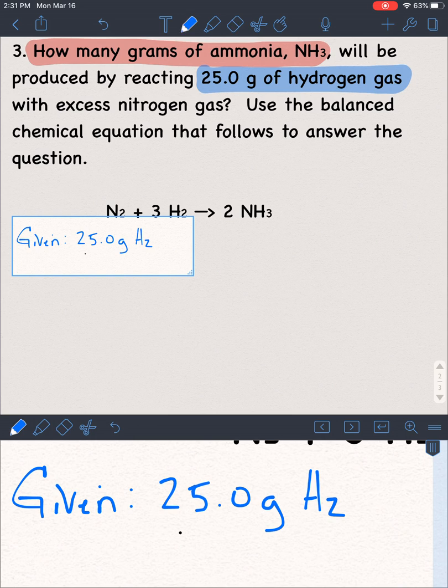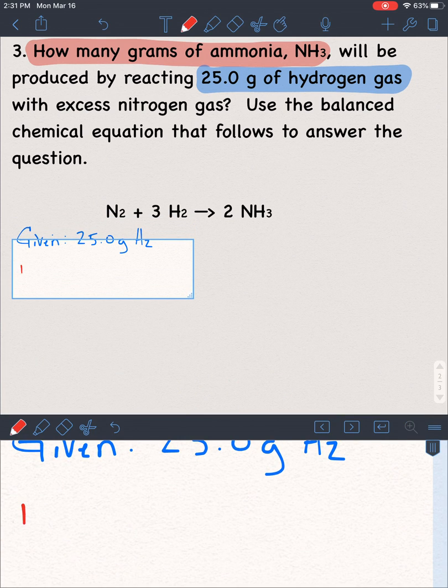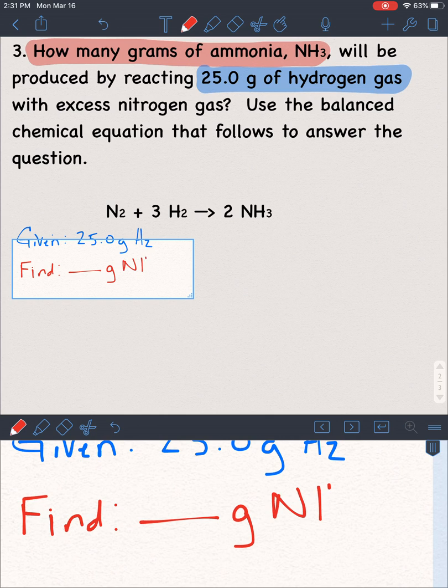Notice when I wrote my units, I wrote not just grams and not just hydrogen, I wrote them together so that you can see them both. Next, looking at what we're supposed to find, we want so many grams of ammonia. Looking at the chemical reaction, we can see that ammonia is NH3.